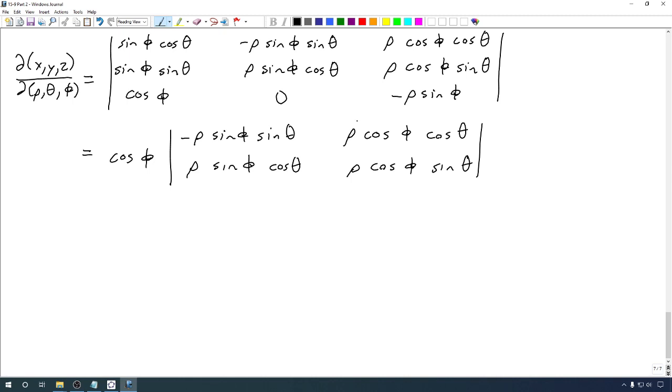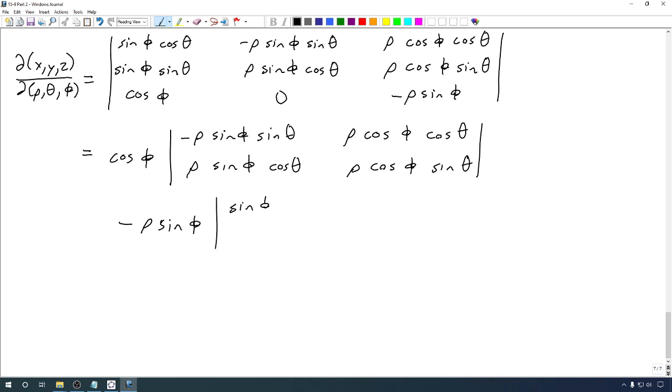And then we move on to this one, where we add, or really subtract because this is negative, negative rho sine phi times the determinant of take out this row and this column, so you're left with this 2×2 over here.